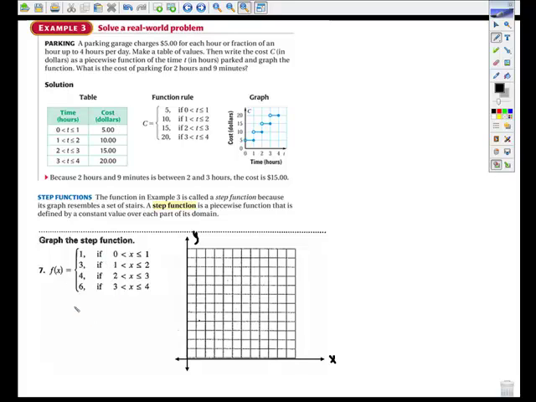So here, this doesn't necessarily represent anything, but x is going to equal 1 if it's between 0 and 1. So these are all just in steps of 1. So y, f of x equals 1, between 0 and 1. f of x equals 3 if it's not including 1 but it goes to 2.